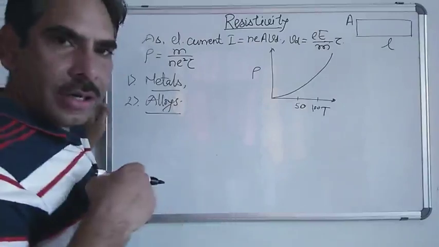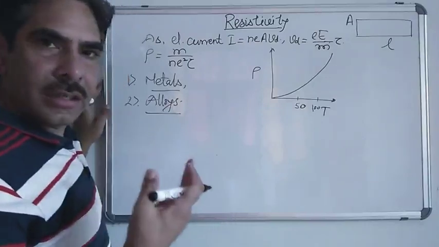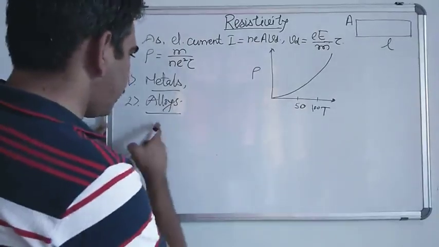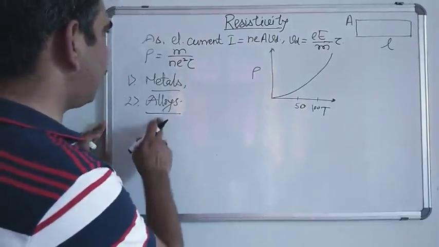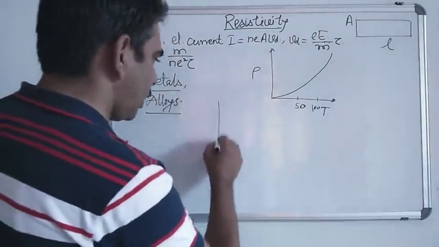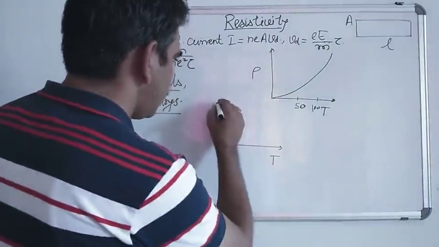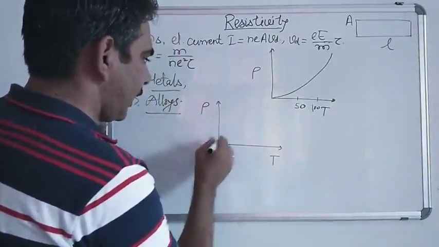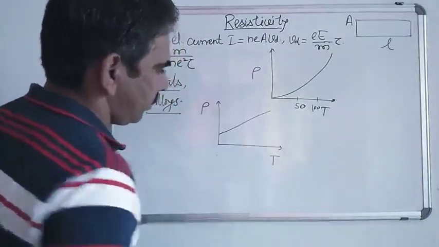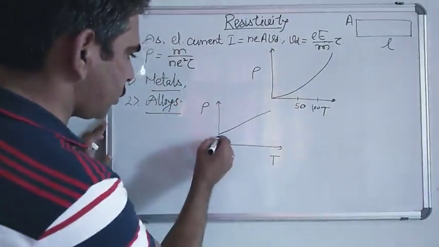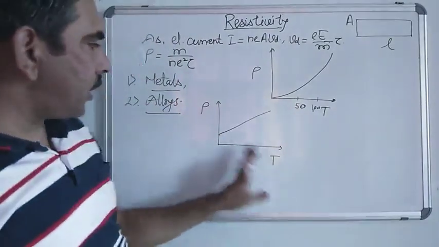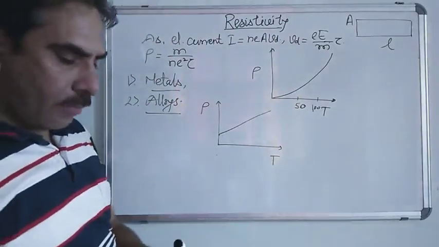If we show the variation in the resistivity of alloys with the temperature on the graph, we see that the graph takes this form. It is a straight line, with some specific value. With increase in temperature, it increases linearly.